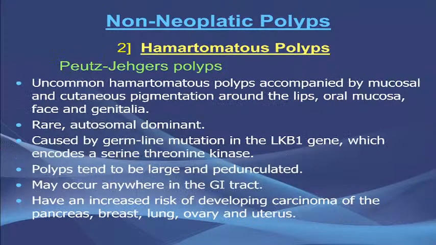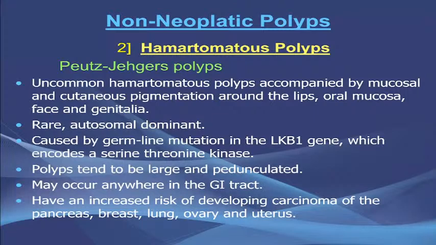So we look at Peutz-Jeghers syndrome as an example of hamartomatous polyps. It's an uncommon condition accompanied by mucosal and cutaneous pigmentation around the lips, oral mucosa, the face, and genitalia. It's a rare syndrome, with an autosomal dominant mode of inheritance, and it's caused by a germline mutation in the LKB1 gene, which encodes the serine threonine kinase enzyme.